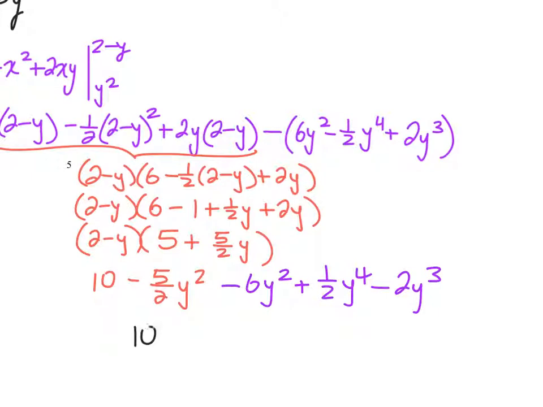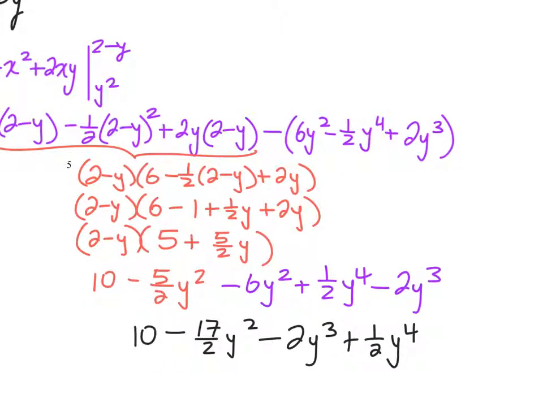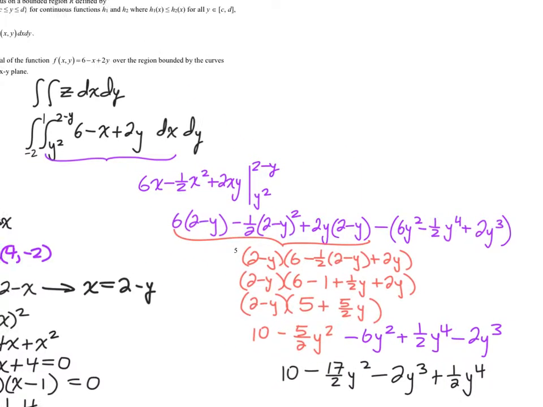So 10, so minus 8.5 y, so that's minus 17/2 y squared, minus 2y cubed plus 1/2 y to the 4th. Let me get it in ascending order here. All right. So now we're at the moment of truth.